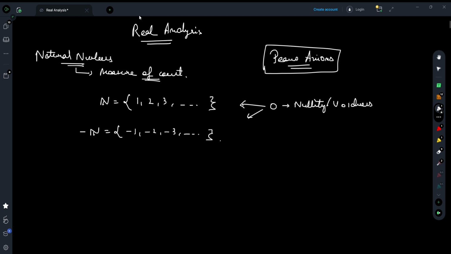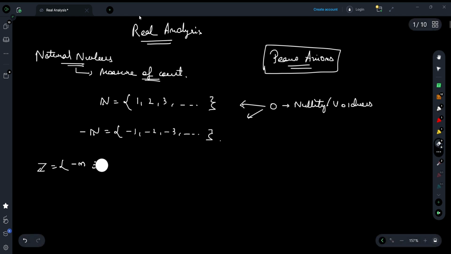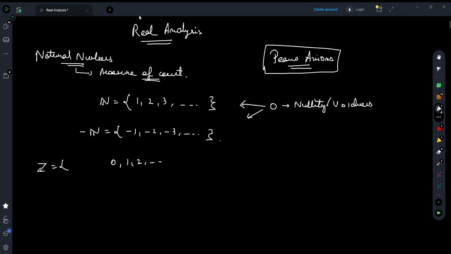And then we form a system of numbers which we call the integers. So the integers are the set of numbers of the form 0, 1, 2, and so on, and here you have -1, -2, and so on, a never ending set. Clear? Got it? This is the set of integers.